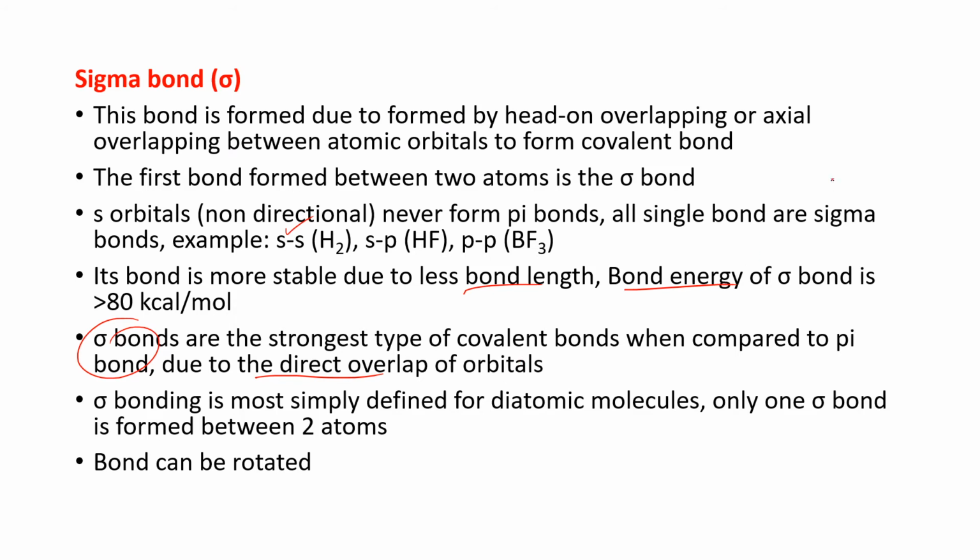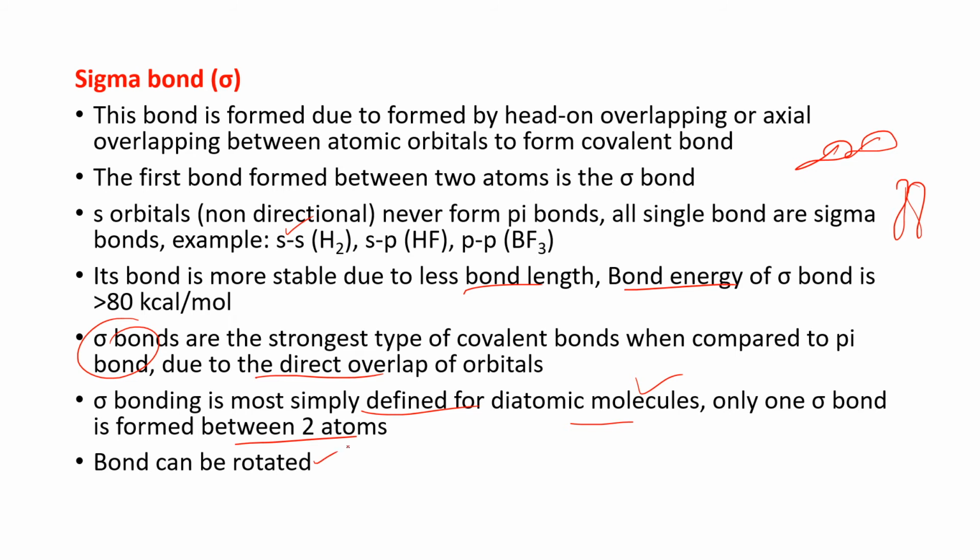Just now we have discussed, that is the head-on-head overlapping, and also the other is side by side, that is sidewise overlapping. The sigma bond is most simply defined for diatomic molecules. Diatomic molecules means two atoms involved in the formation of a bond. Only sigma bonds are found between the two atoms.